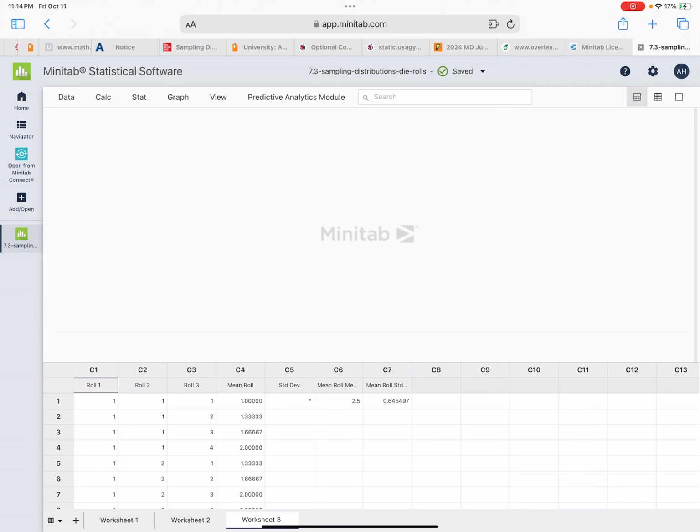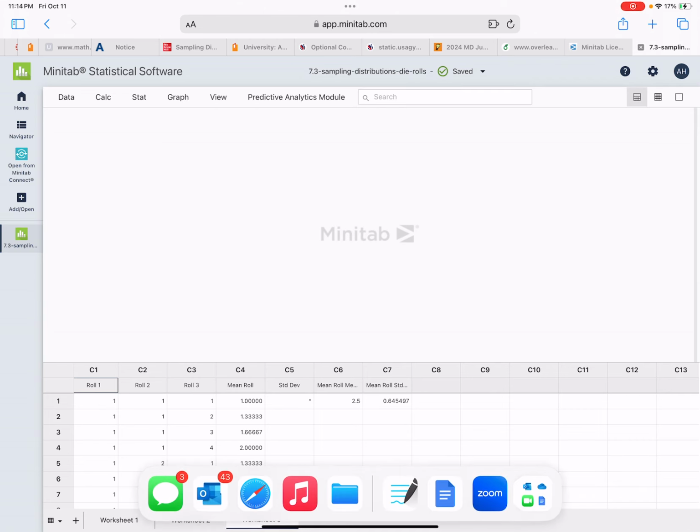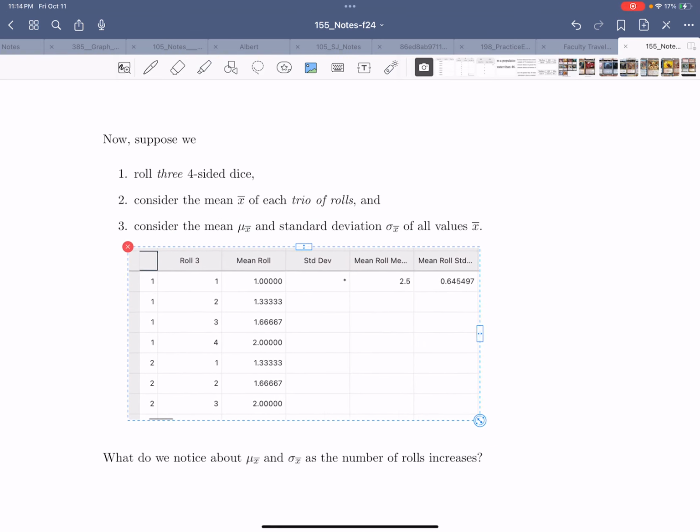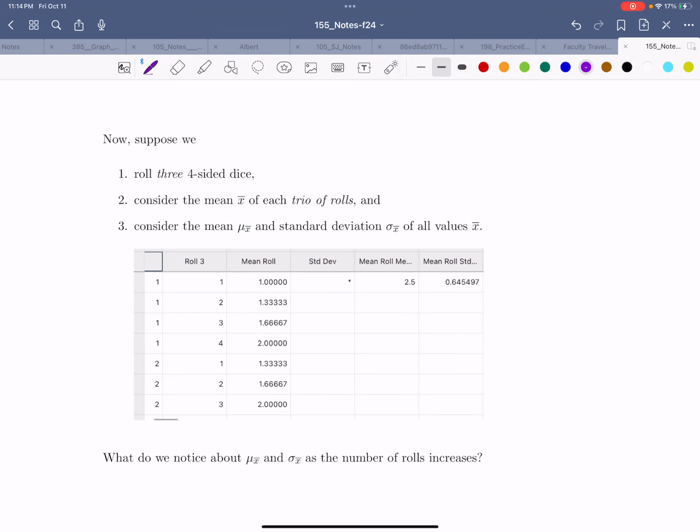Maybe it's even worth noting, let me just put that screenshot over here. I'm just circling that. So again, the mean of the sample mean equals the population mean, which is 2.5. And the standard deviation of the sample mean, well, what was that?